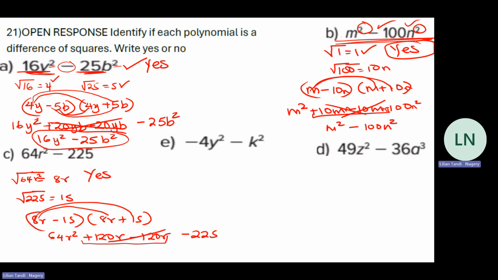This becomes 0. So you have 64r squared minus 225. This matches your question. So you say yes.